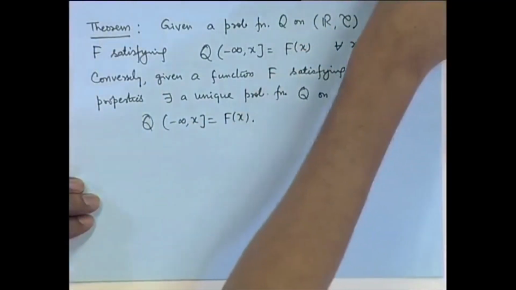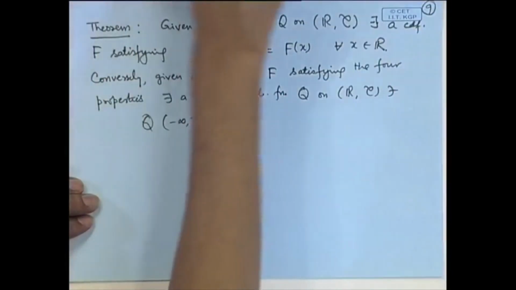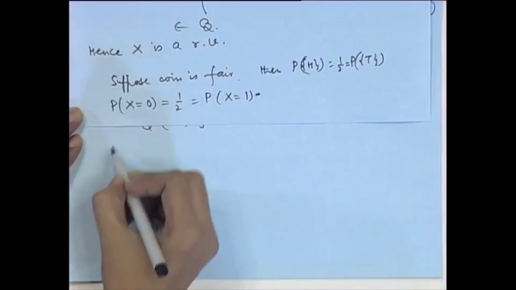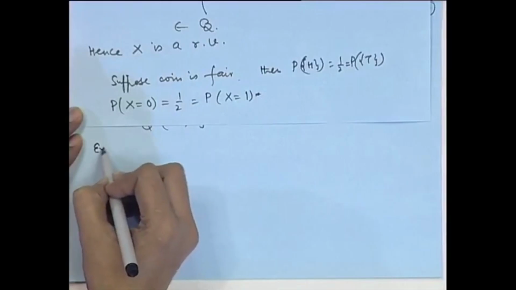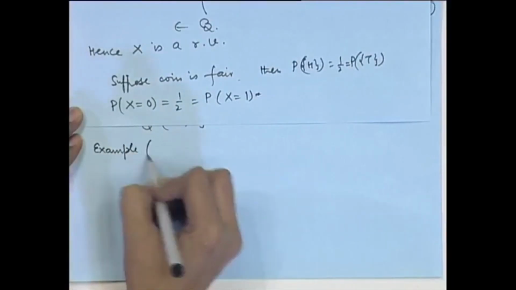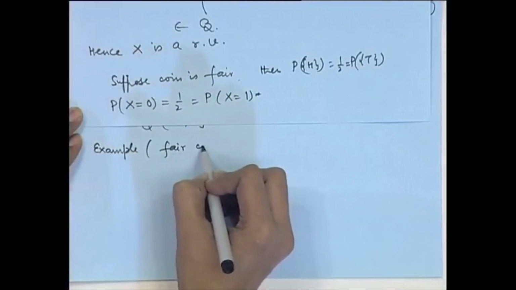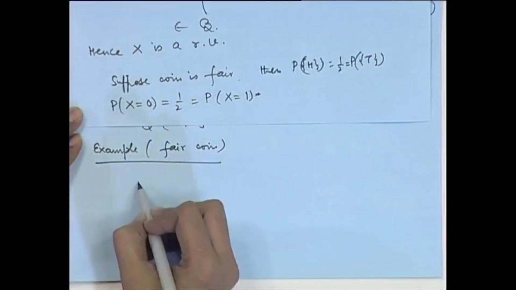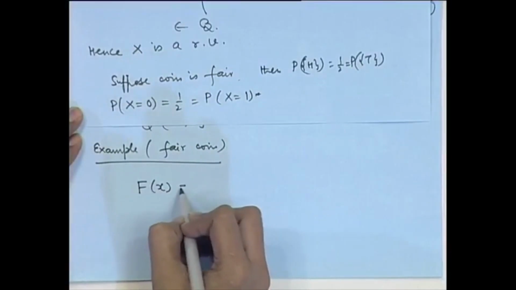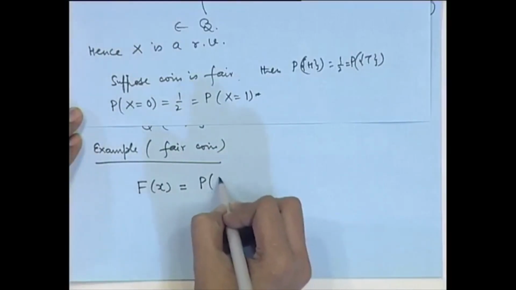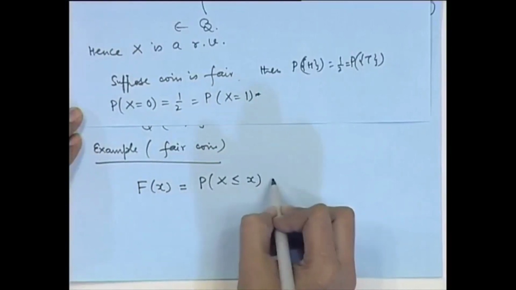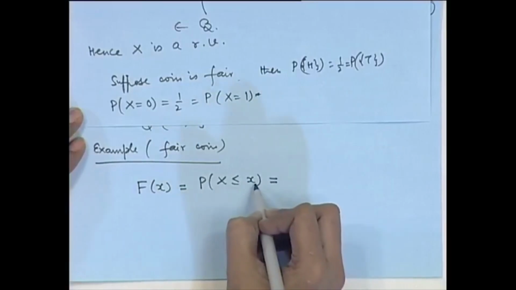Go back to the example of head and tail, the fair coin example. Here, if we consider F(x), then we are looking at the probability of X less than or equal to x.